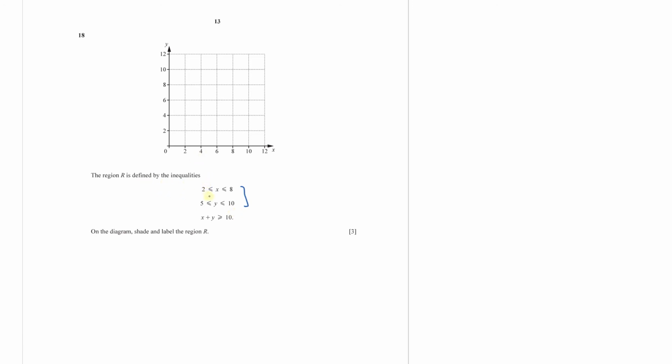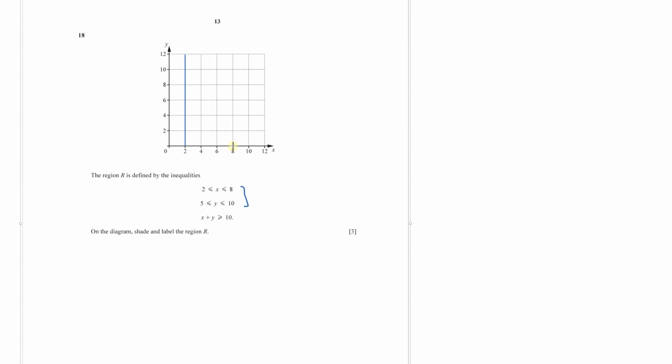So x is greater than or equal to 2. So x equals 2 is this line. So let me quickly draw x equals 2, which would be a vertical line here. So it will go from this point in this direction straight up. So this is x equals 2. Then the other boundary is x is less than or equal to 8. So x equals 8 would be this line.